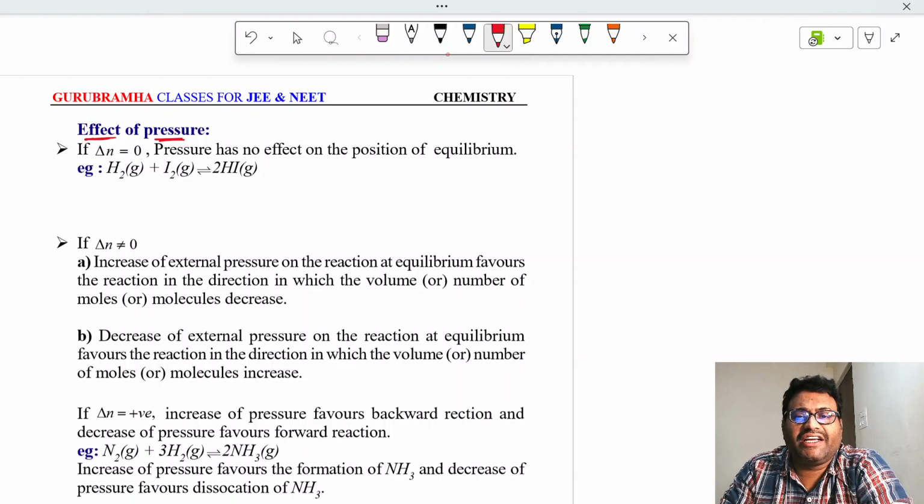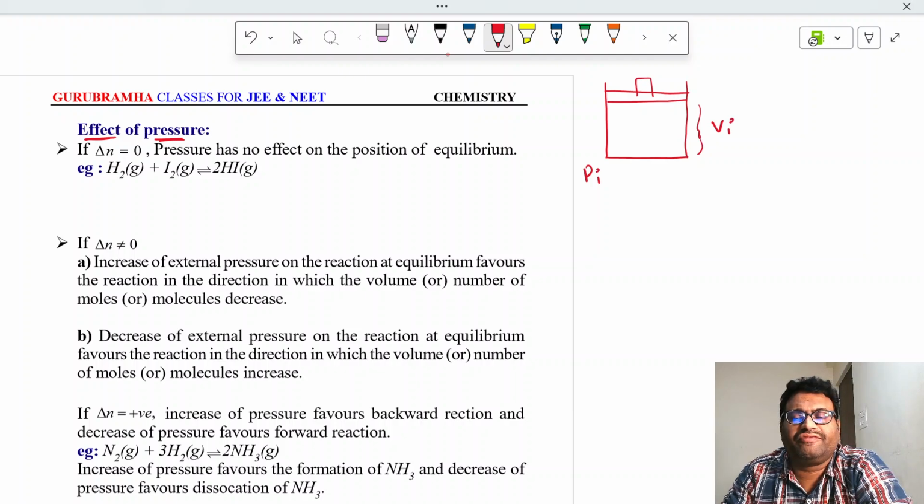So now let us take a container in which some gas is enclosed by using a piston. The initial pressure is Pi, and the initial volume is V initial.